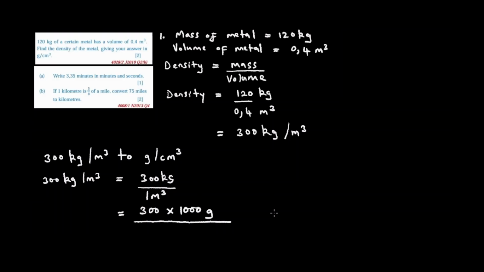It's a prefix. Inoreva kuti times 10 to the 3, kana kuti times 1000. But without getting into the physics of it, you can just know if 1 kg is 1000 grams, then 300 kgs should be 300 times 1000 grams.